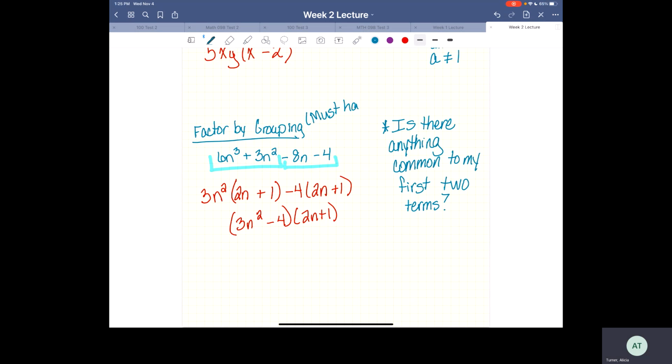If you've got 3 terms or you've got 5 terms, it doesn't work. Now, we will learn in a second how to turn a 3-term or a trinomial into 4 terms. But to be able to factor by grouping, you have to have 4 terms.